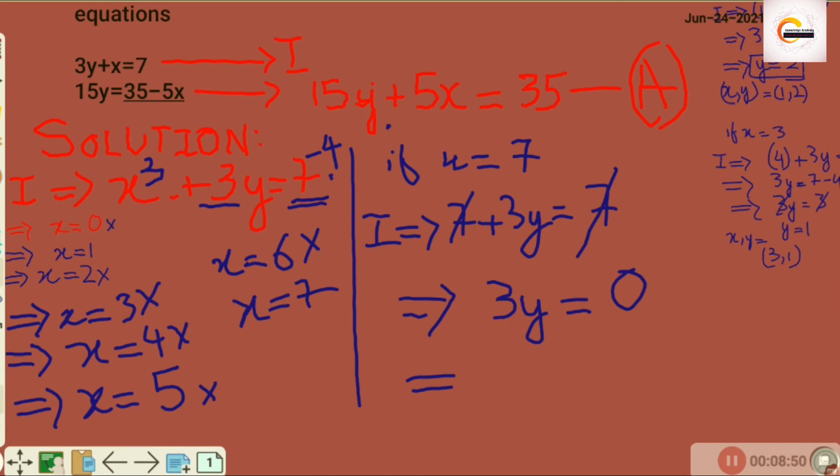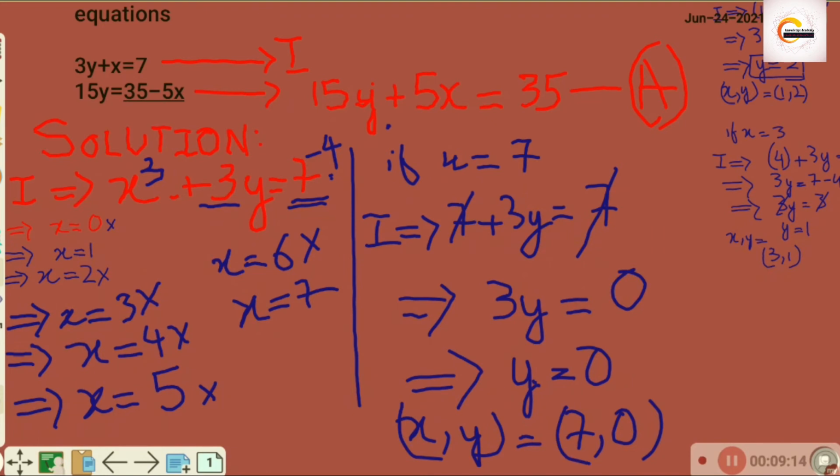Do you understand this? 7 minus 7 is 0, so I'm directly doing it over here. So y is equal to 0, and x comma y is equal to 7 comma 0. So I'm going to make the table out of all these workings.